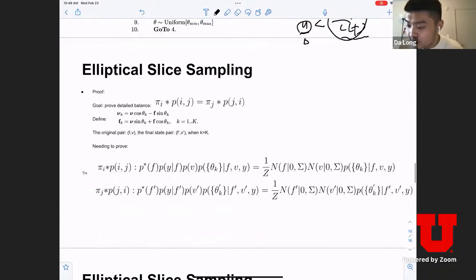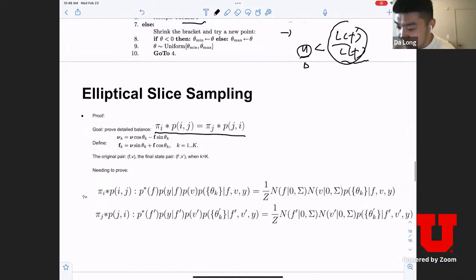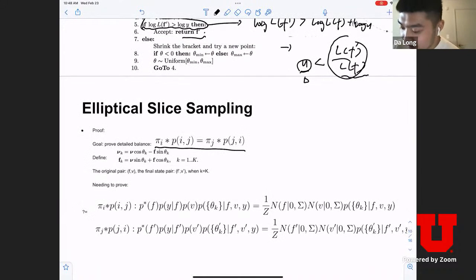Now I'm going to do the proof. So this is the detailed balance. First, we define the v_k and f_k here, with k from 1 to capital K. This means the choices that we made during the sampling procedure.